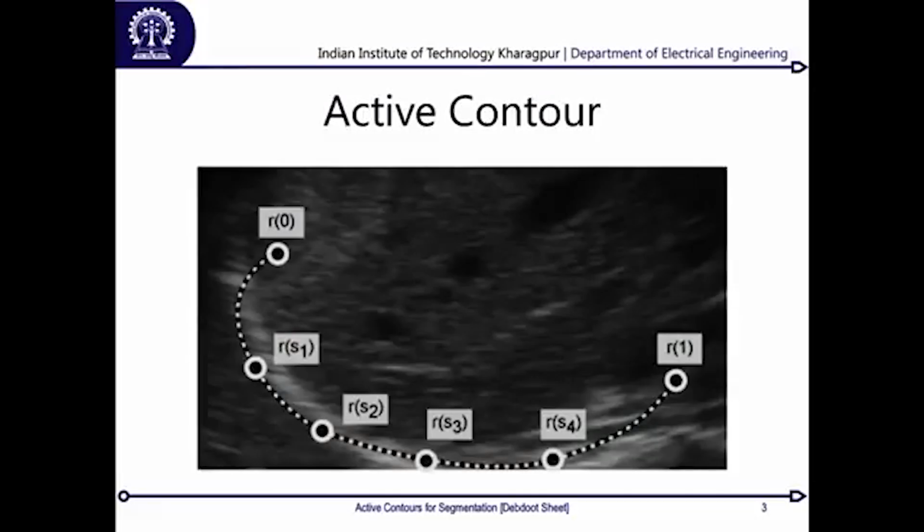And on top of that, you need to understand what is an energy, which is going to be minimum when the contour is at the particular point.